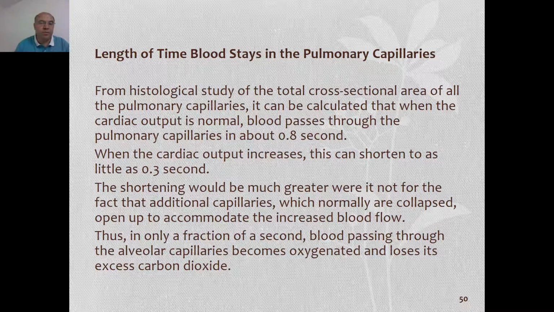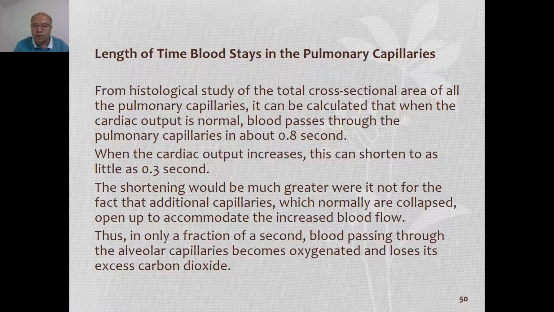Length of time blood stays in the pulmonary capillaries. From histological study of the total cross-sectional area of all the pulmonary capillaries, it can be calculated that when the cardiac output is normal, blood passes through the pulmonary capillaries in about 0.8 seconds. When the cardiac output increases, this can be shortened to as little as 0.3 seconds.